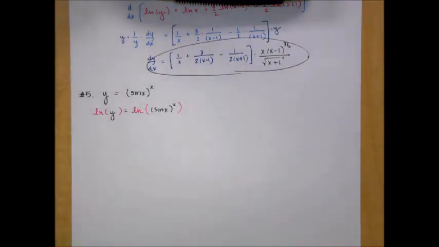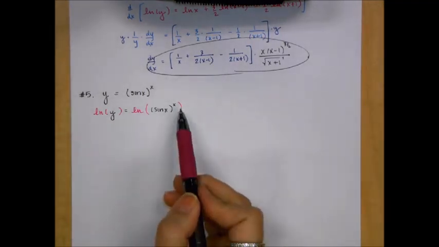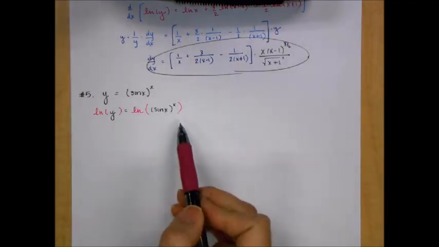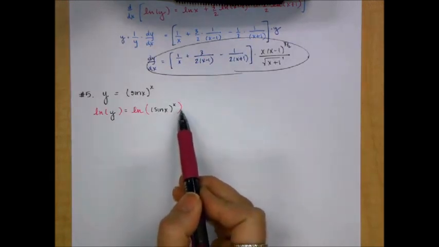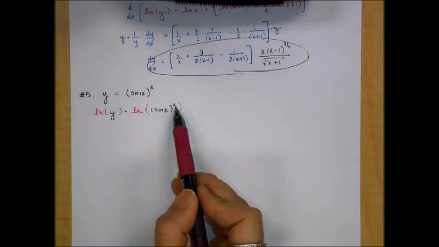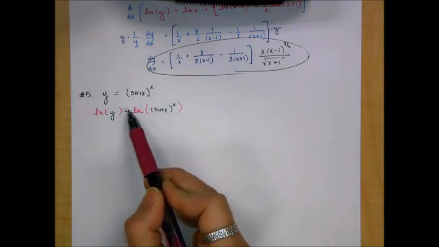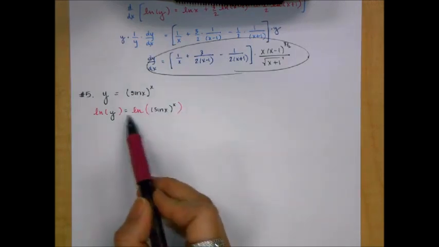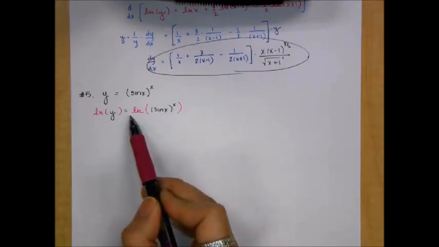The only log property that you can use here is that power rule. We're going to use x as the exponent of sine. We'll bring x in front of our natural log as the product, kind of like a coefficient would, right? We usually have a number here as this exponent. It's just a variable. So we'll bring x in front.